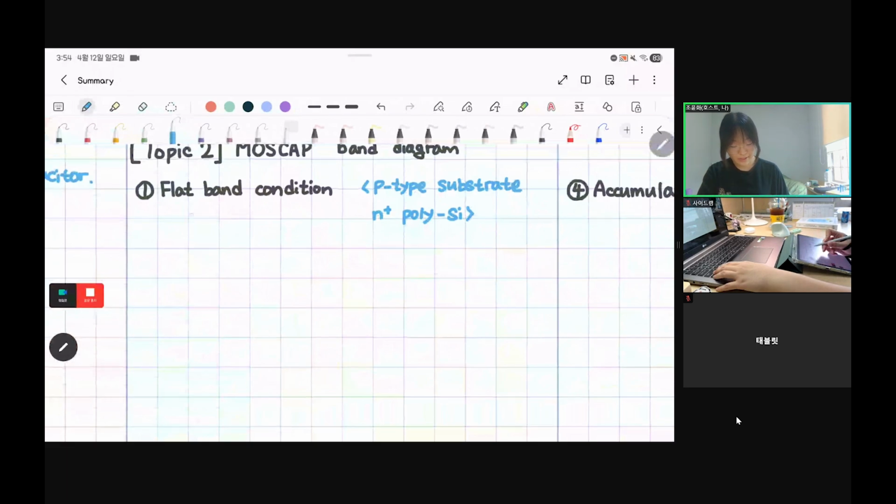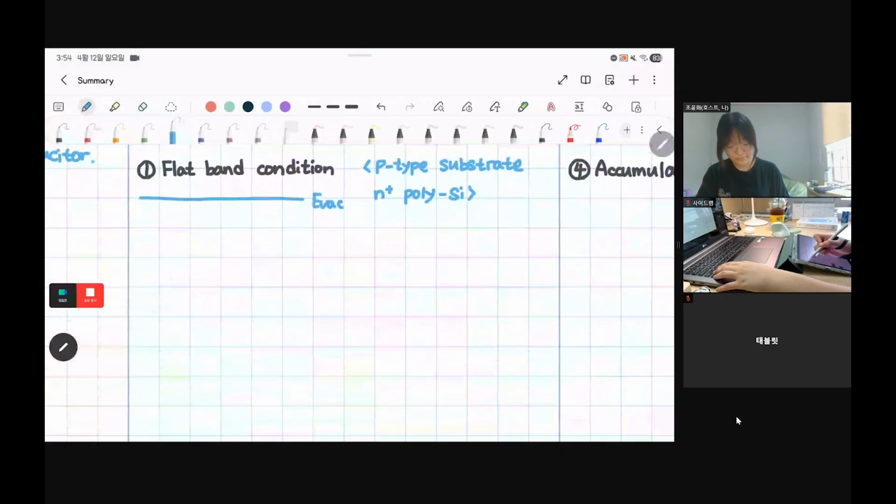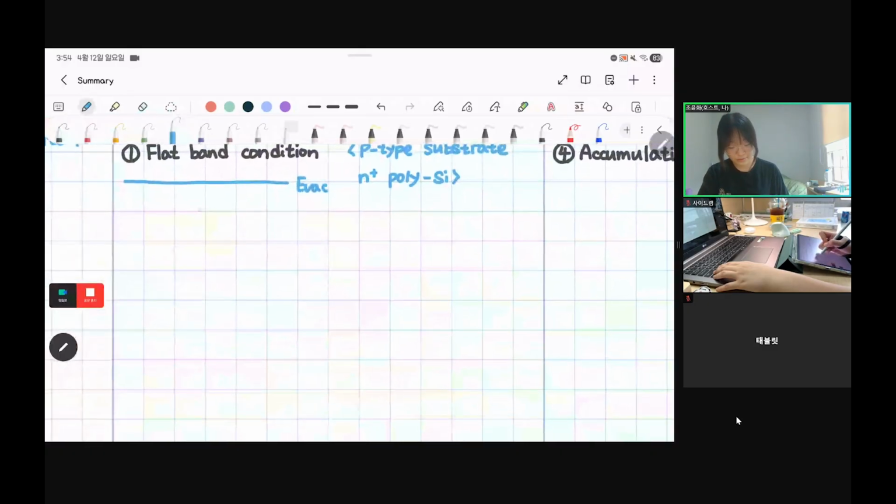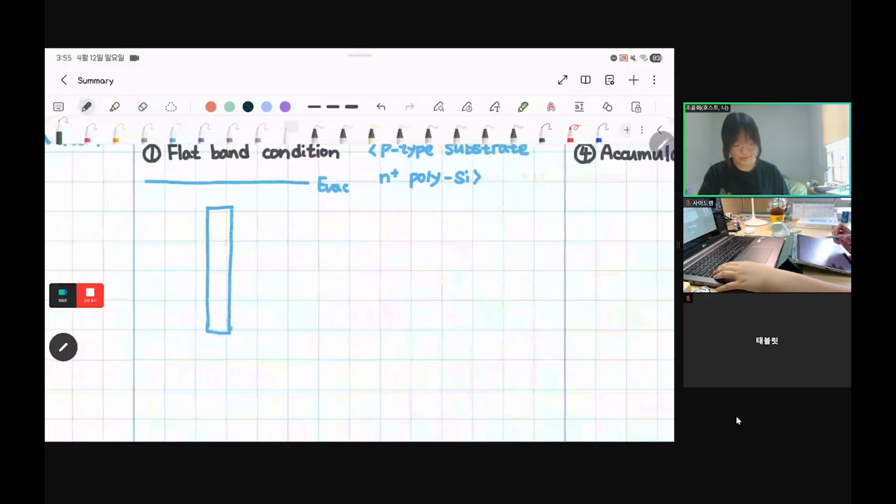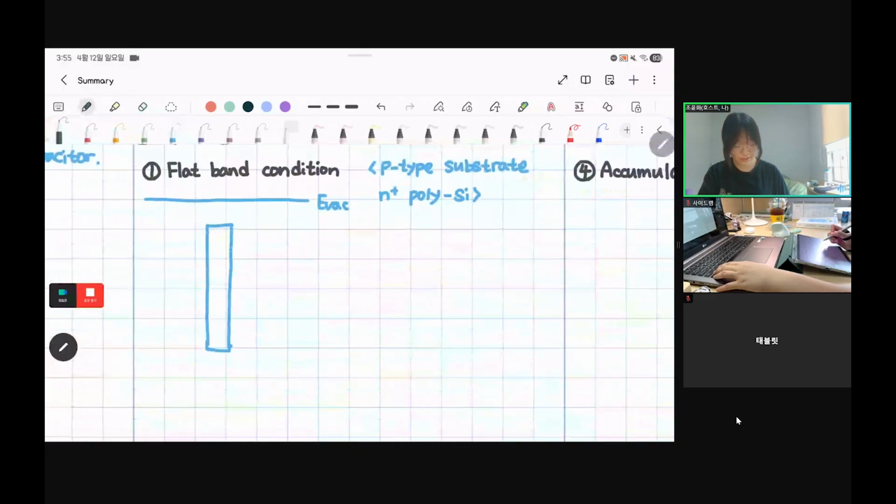In flat band condition, first we draw a vacuum level energy. And second, we can draw the dioxide. And after that, we draw the substrate and gate.